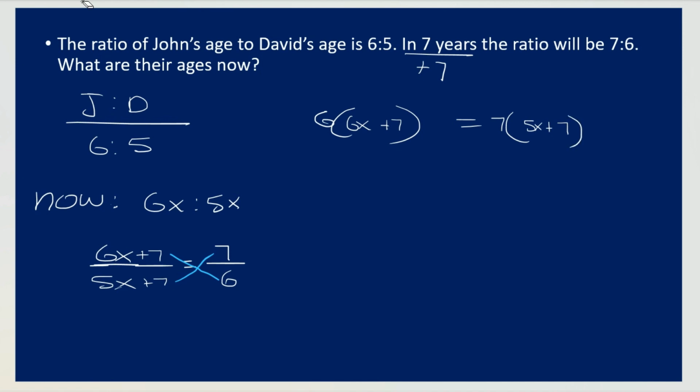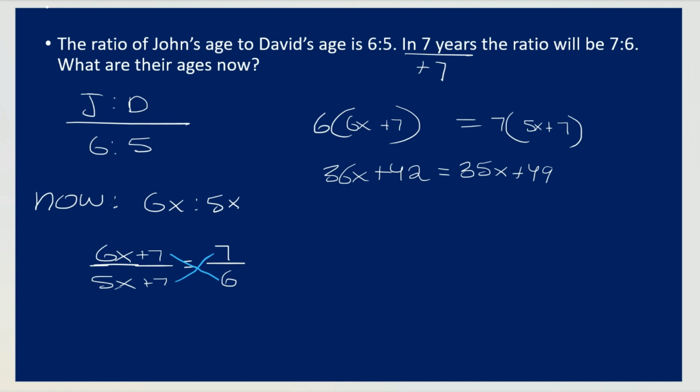Okay, there. So now we're going to perform distribution. So 6 times 6x is going to equal 36x plus 42 equals 35x plus 49.